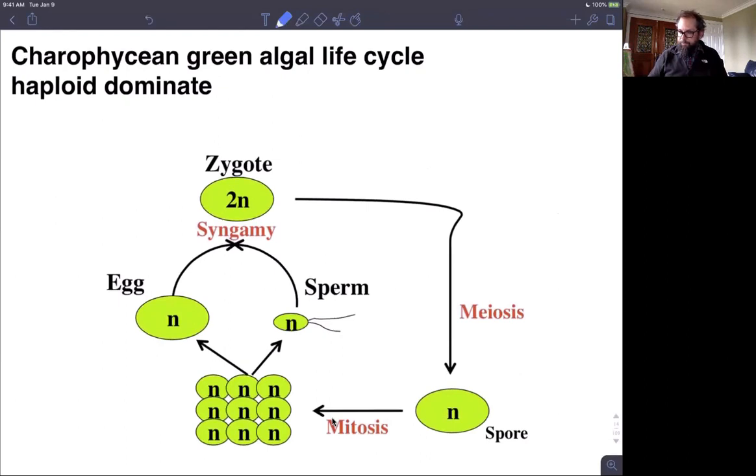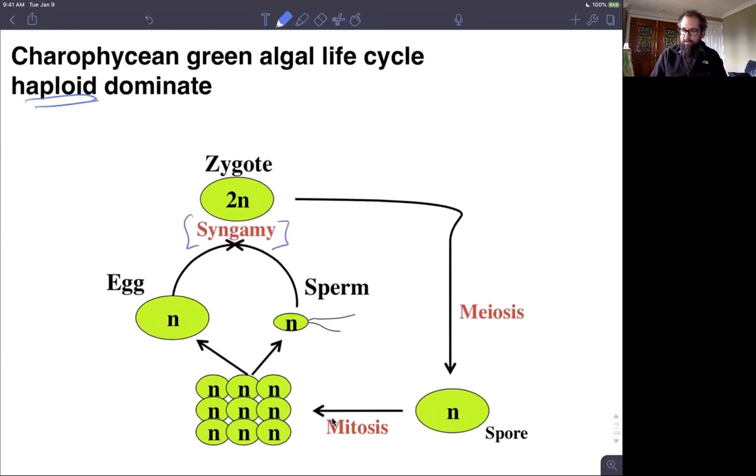And so it's similar to that animal life cycle, but different in that these are haploid dominant life cycles in the Charophycean green algae. And so I'll go ahead and start again at fertilization or syngamy.